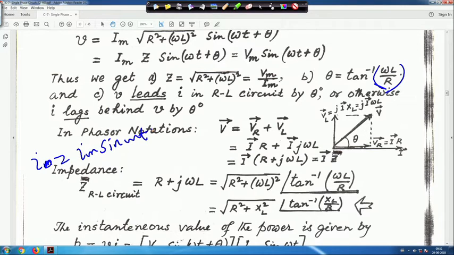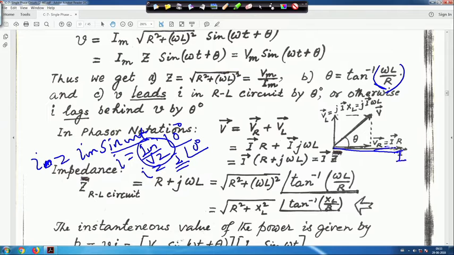In terms of the phasor diagram, we can write I is equal to Im by root 2, that is the RMS value, and its angle will be 0 degree. If we define this as capital I, then it will be I angle 0, where I is the RMS value. That is why this I is taken as the reference.